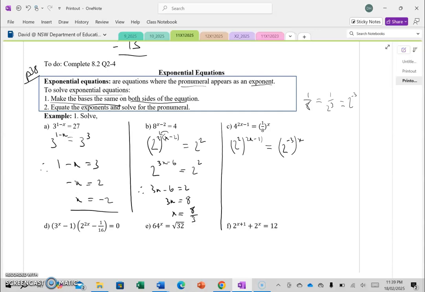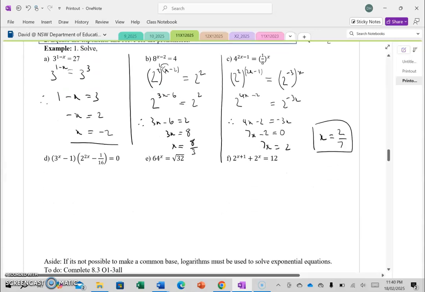Let's now expand carefully. That'll be 4x minus 2 is equal to 2 to the power of -3x. So therefore we've got 4x take away 2 equals -3x. Adding 3x to both sides, plusing 2, dividing by 7. So we get x as 2 on 7. Okay. Next.